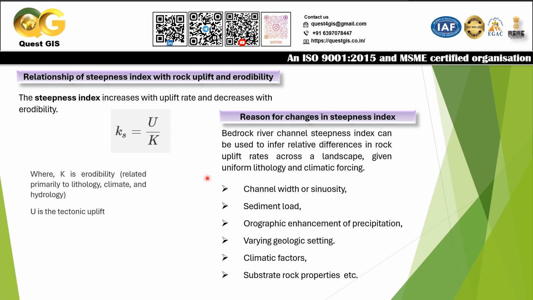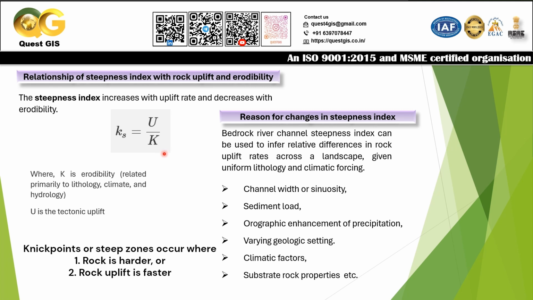Okay, so these are some of the assumptions, or some of the things that we have to take care of while interpreting our results. So based on our understanding of this particular morphometric parameter, we can say that rapidly uplifting hard rock requires the steepest channel slopes, right? Steepest channel slopes to erode at a pace that is comparable to the rest of the river system.